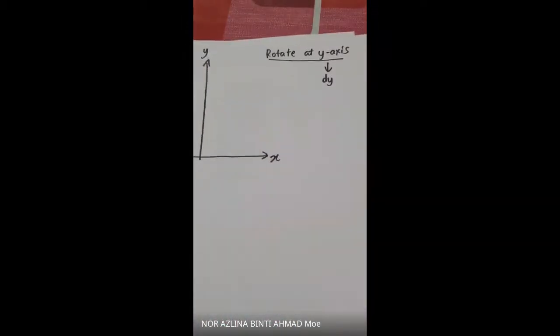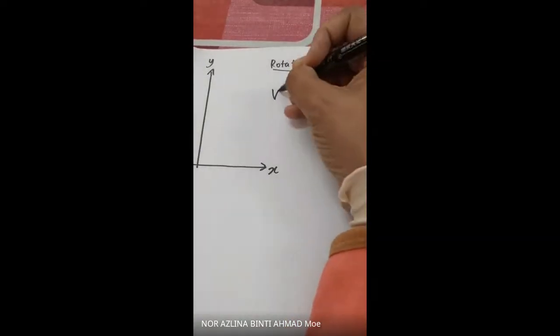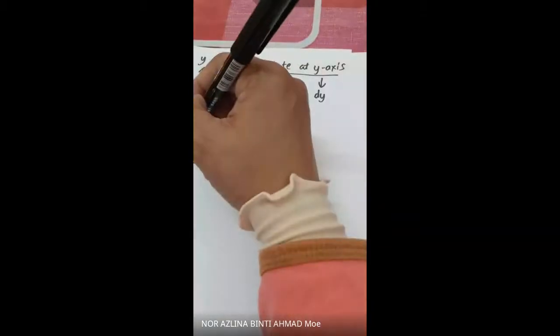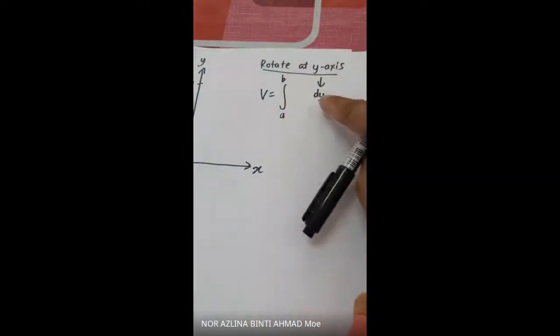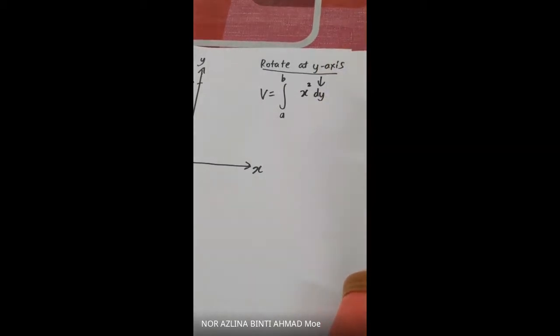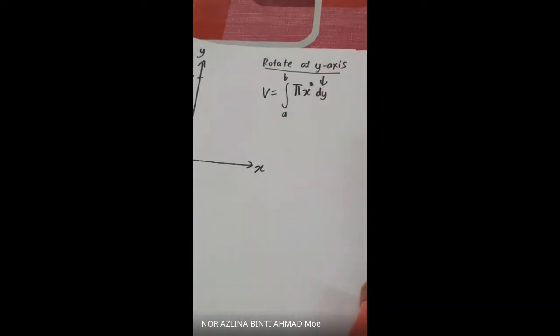But now, when this curve rotate at y-axis, so we know this is dy. And the integration for volume from a to b, when here dy and here must be x. But x what? x squared, because volume. And another one, we have constant of pi.